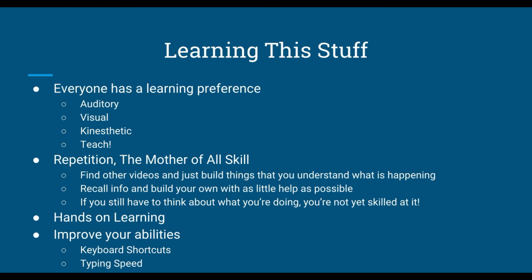If you have a preference as to how you learn, that's great. But what's going to help you get the rest of the way there is being able to listen, watch, do it hands-on, and then recall that information and teach it to somebody else. Even if you're just teaching it to the air out loud, it makes your brain recall that information, and the more often you're able to do that, the more skilled you're going to become. Repetition, repetition, repetition, the mother of all skill.